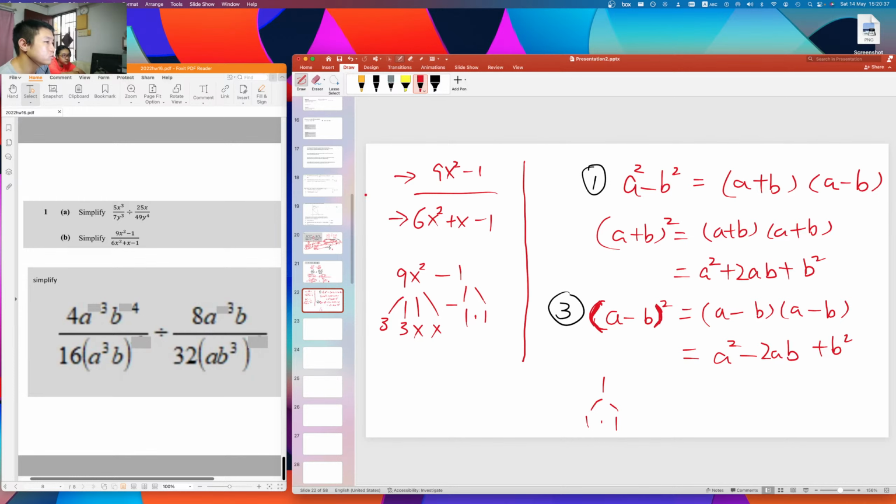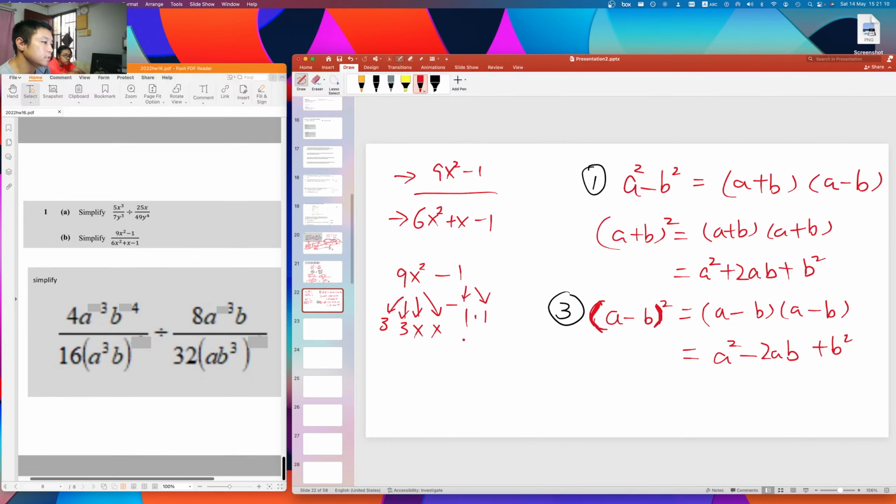Because 1 is 1, this is not splitting. What is splitting? It must split into 2. So you have to write 1 times 1. That's why I split the 1 into 1 times 1. And then in between there is a minus sign, right? Okay, good. So with this, I think my job is half done.